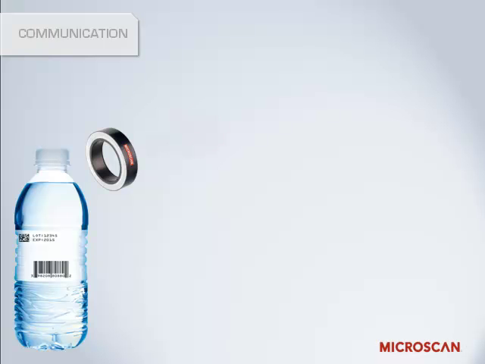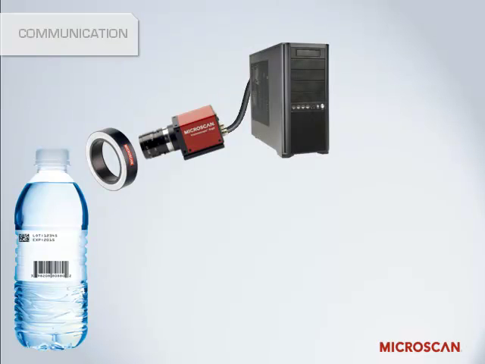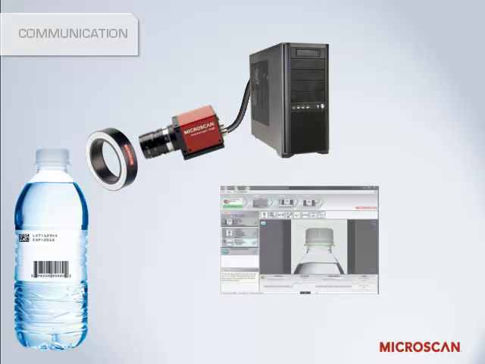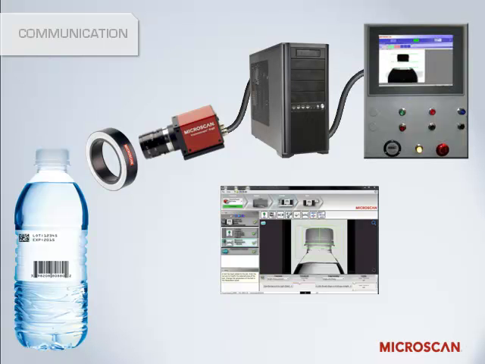The lens and sensor will then capture and create a digital image and deliver it to the processor, which in this case is a PC. The software platform running on that PC will extract the required measurements to ensure that the fill level is correct and that the cap is properly seated on the bottle. The current status of this process can be communicated to and viewed on an HMI screen. Other actions may also take place based on the results of the inspection.